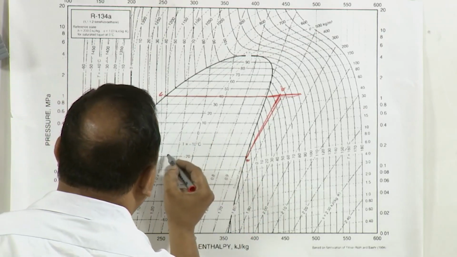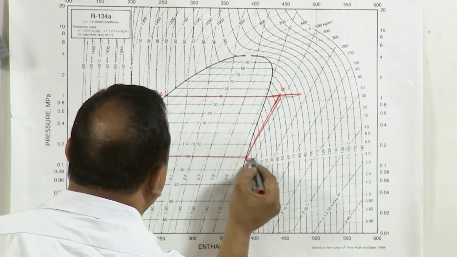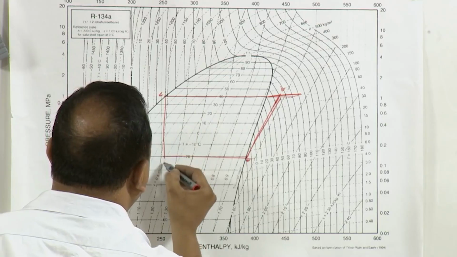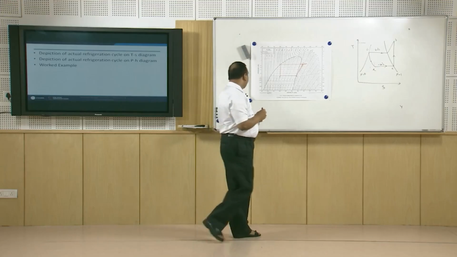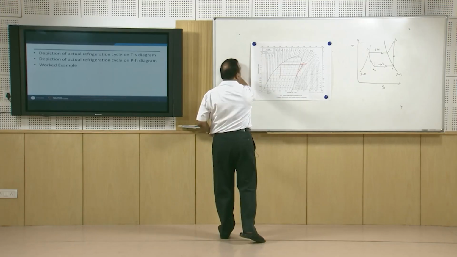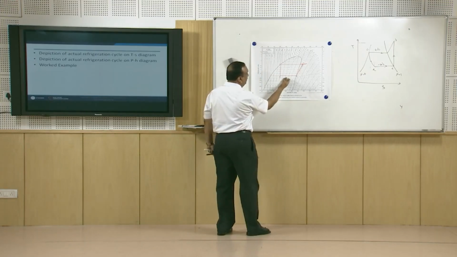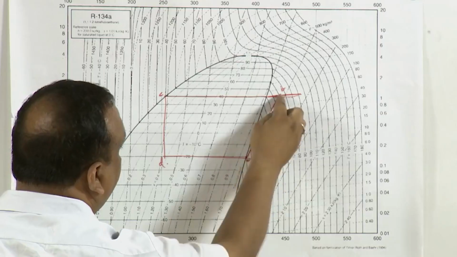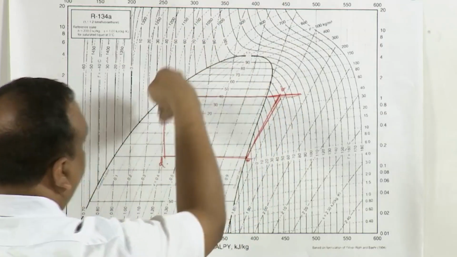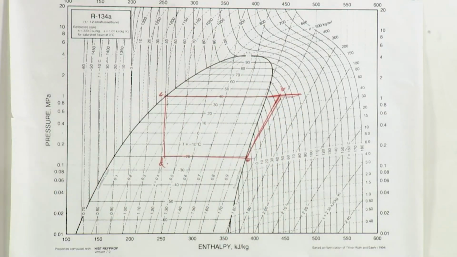So, we will follow the vertical line here, and we will be getting state D. Now, if you want to find COP, simply HA minus HD divided by HB minus HA; we can directly take values from this chart.